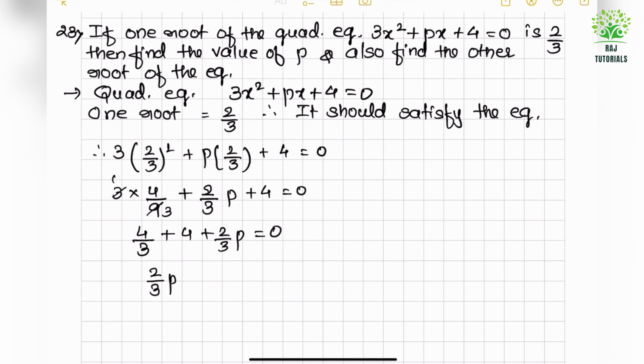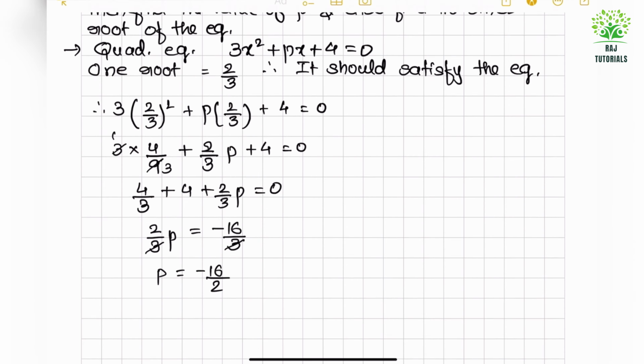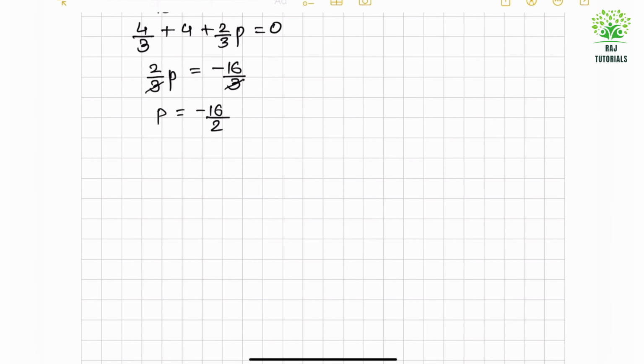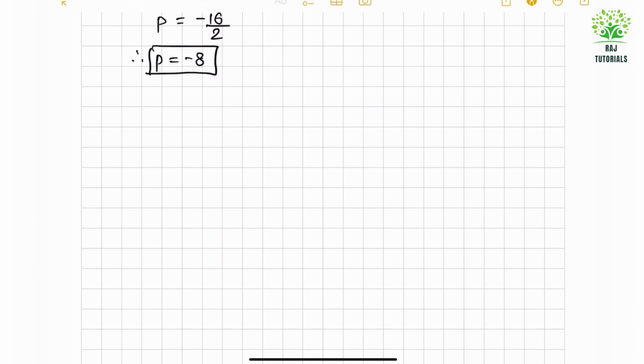So I can say 2 by 3 p will be equal to minus 16 by 3. So cutting 3 on both sides, p will be equal to minus 16 by 2. Therefore p will be equal to minus 8.